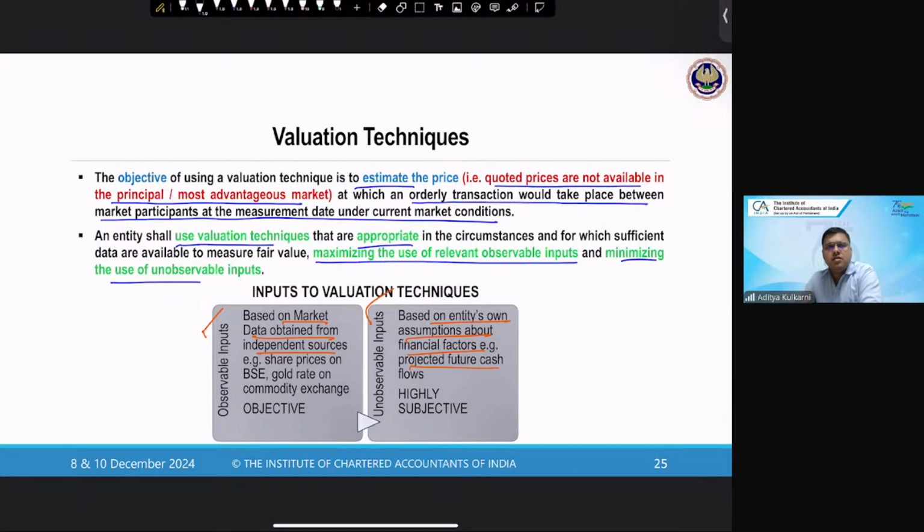So this is the first key takeaway. The second key takeaway is that this is nothing but an exit price. The price that you would get if you were to sell an asset, or that you would pay to transfer a liability, not settle a liability. So that is your fair value. It talks from the perspective of an exit price.